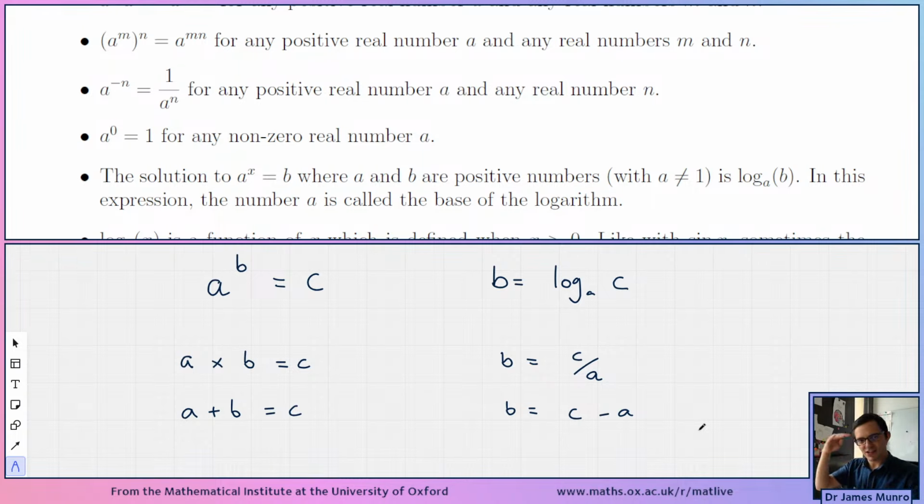And you've done the second and third line, those operations, so many times, you maybe have a kind of shorthand or idea in mind about how the a moves over to leave b on its own. And what I really recommend is getting to the point where you can do the same thing for powers.